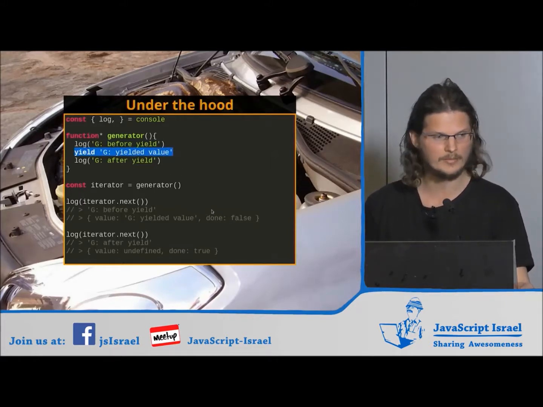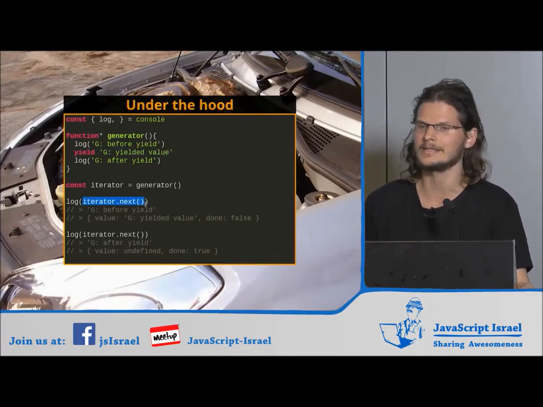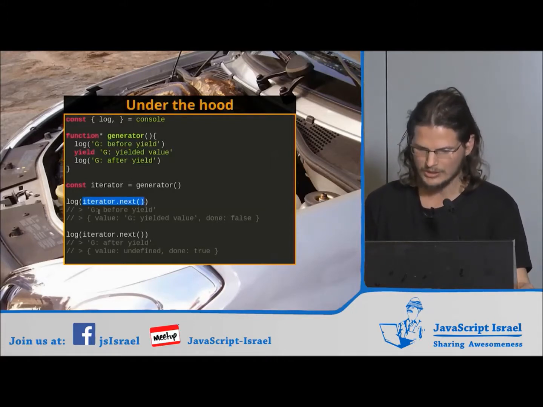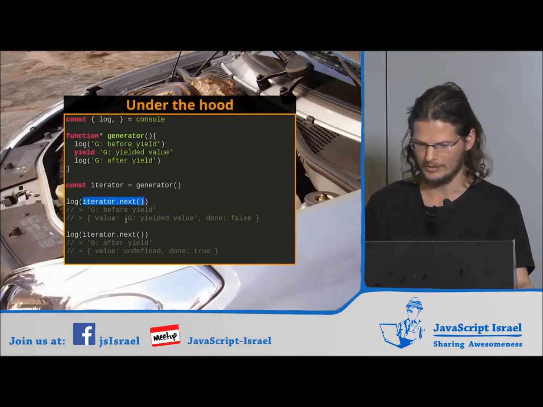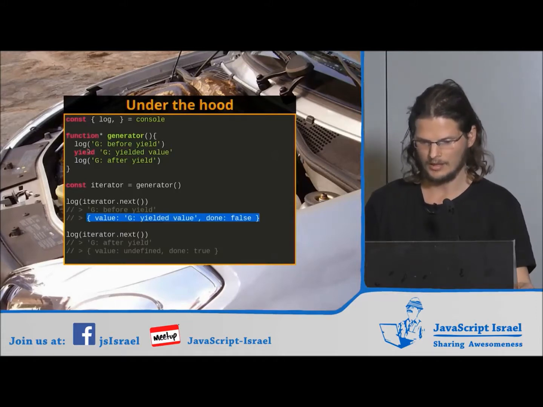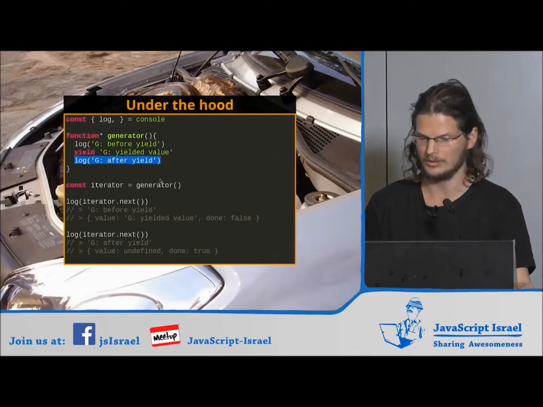So it returns back to the iterator as the iterator next invocation value. So this expression here, once evaluated, returns this thing. Then if we call next again, we resume from this point, and only this line gets executed, and there's no value to produce, so we get done true.